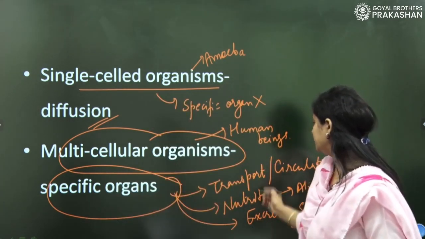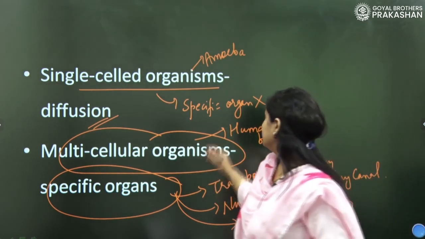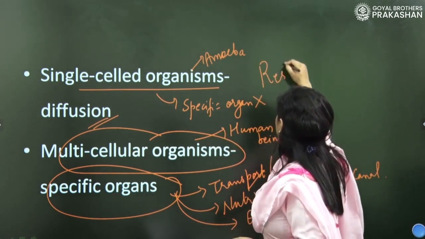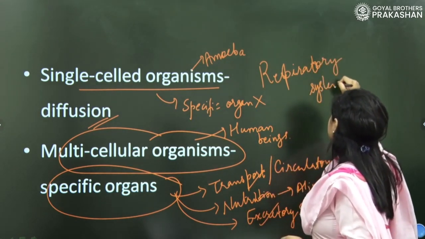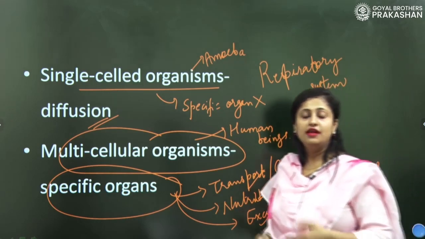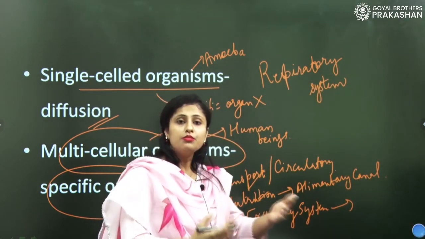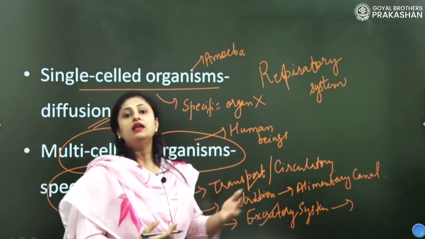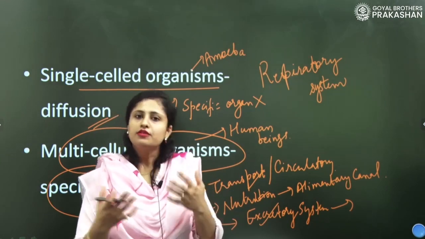In addition to these systems, we also have a well-developed respiratory system, which includes lungs, bronchioles, primary, secondary and tertiary bronchioles, and alveoli, which are grape-like structures and form the ultimate site of respiration.